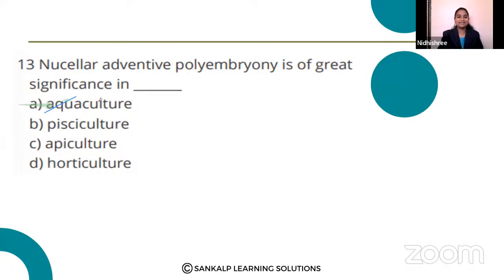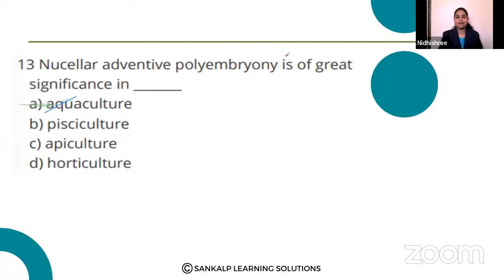Then 13. Nucellar adventive polyembryony is of great significance in aquaculture, pisciculture, apiculture, horticulture. Nucellar adventive polyembryony is a technique. They have asked in which field this technique can be used. A, B, C, D are the options. Who is going to answer it first?